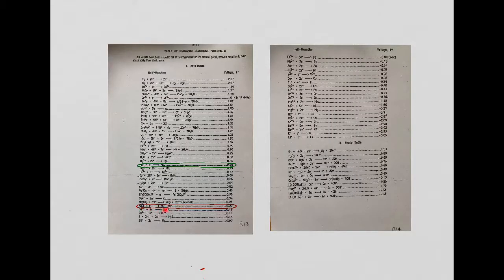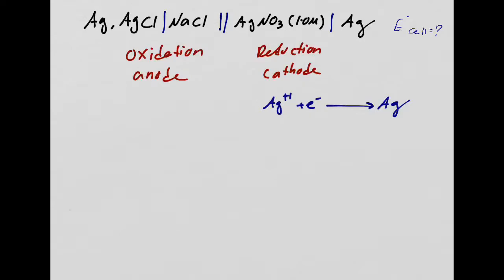So I would have to flip this one, right? So here I have Ag plus Cl minus goes to AgCl, and I lose 1 electron. So here, this part is my oxidation, this part is my reduction. And also, you have to really pay attention to what's going on a little bit.